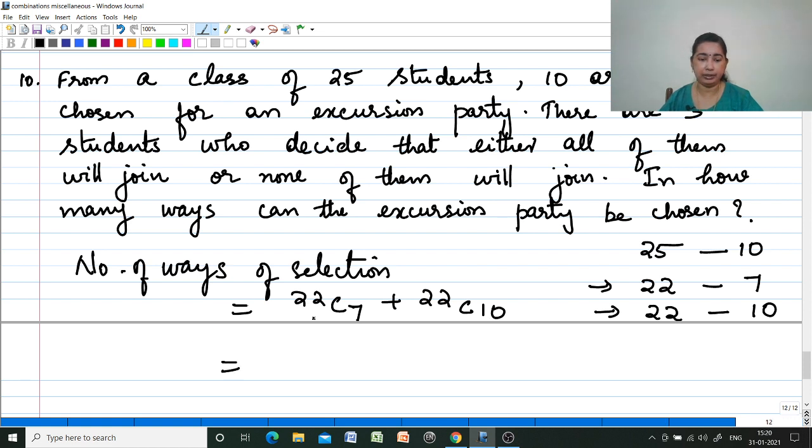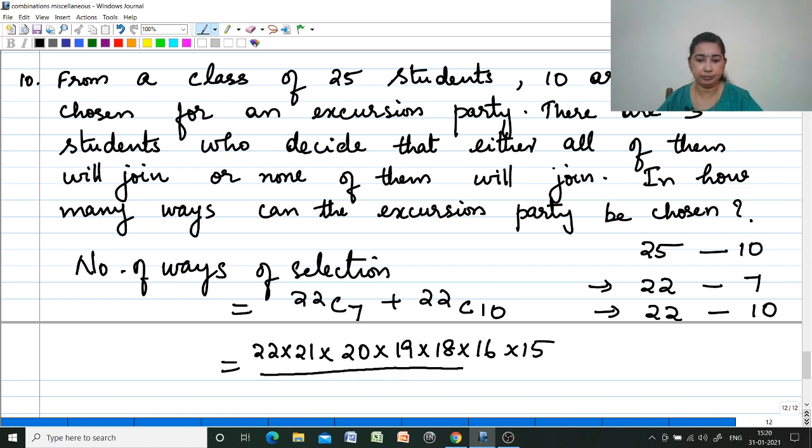Simplifying that, 22C7 means 22 into 21 into 20 into 19 into 18 into 17 into 16, 7 times, divided by 1 into 2 into 3 into 4 into 5 into 6 into 7.